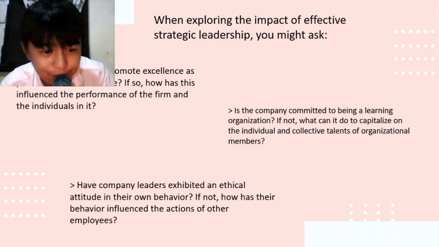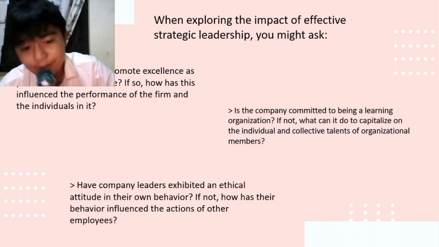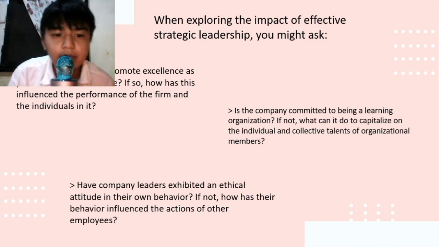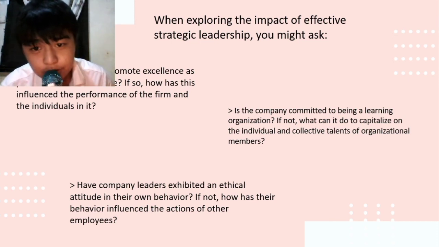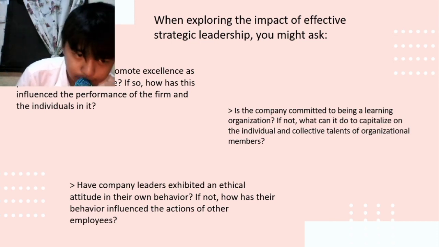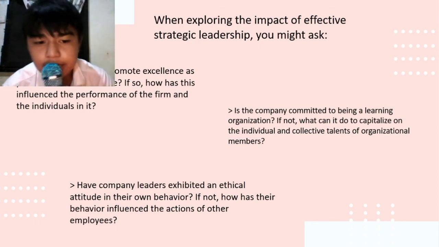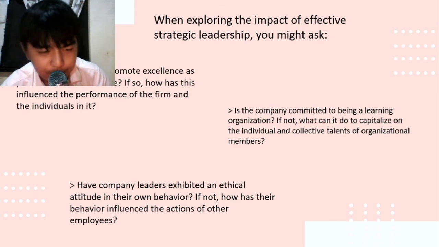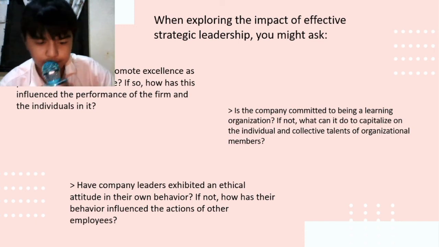If not, how has their behavior influenced the actions of others? Because, of course, company leaders should be the role model, and a bad leader usually means a bad member. It's rare that it doesn't happen. And so the company leader should exhibit the ethical attitude that they expect from the employees.